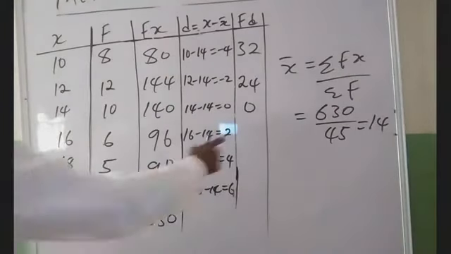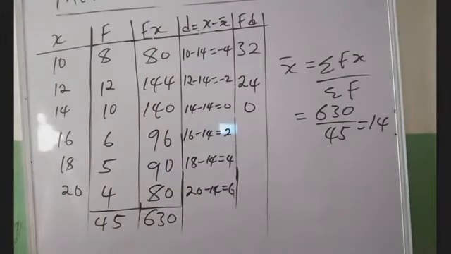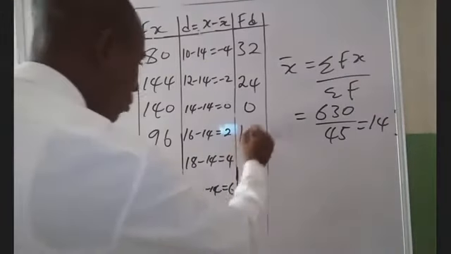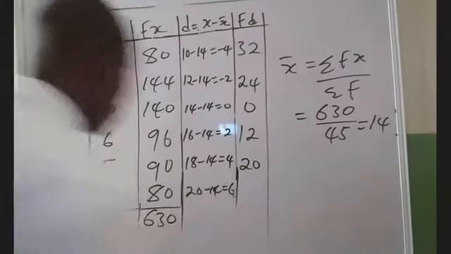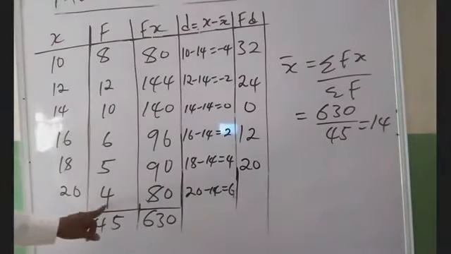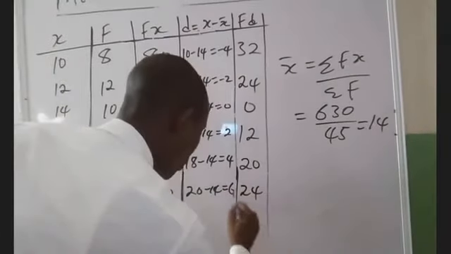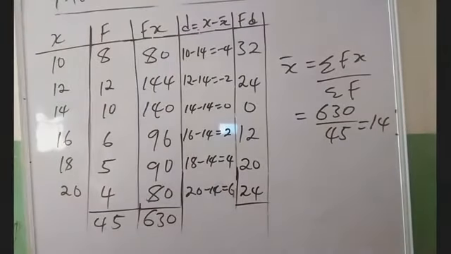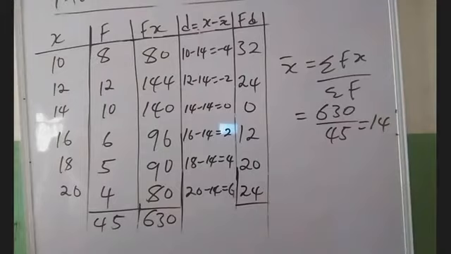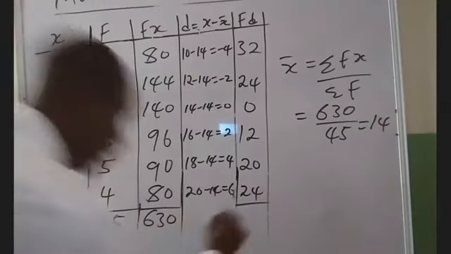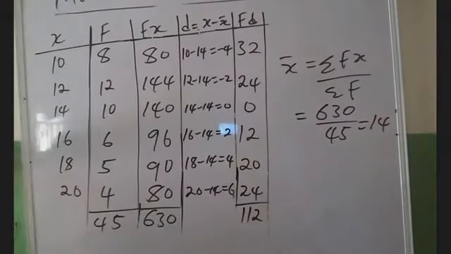Then you have 6 times 2, which is 12. Here is 12. 5 times 4 is 20. And we have 4 times 6 is 24. So if you take the sum of the deviation, add everything you have there under fD together, your answer will be 112.